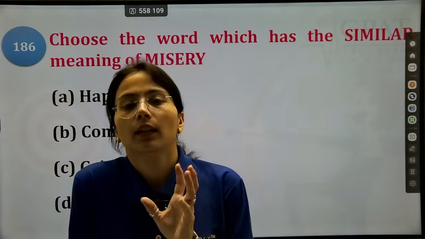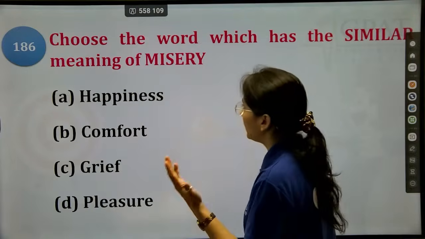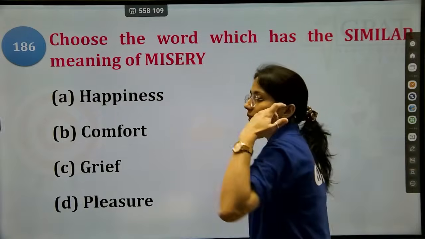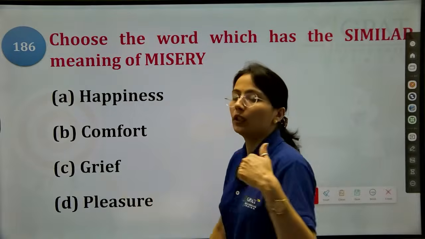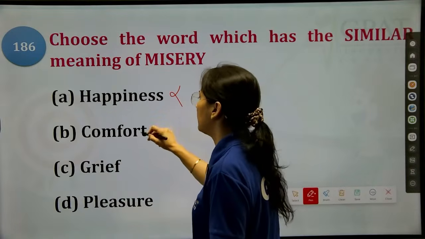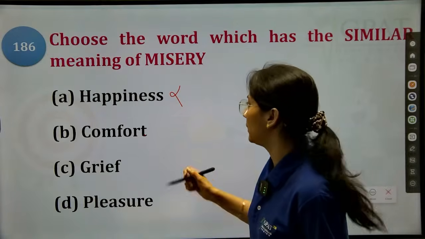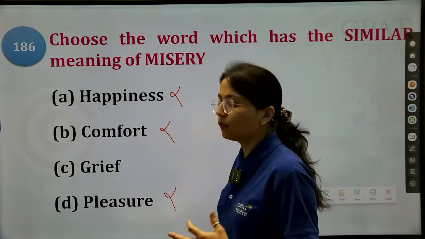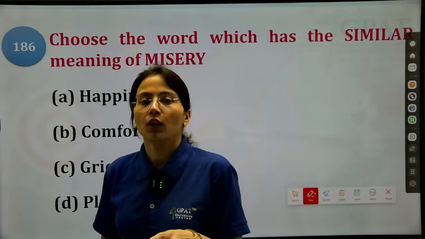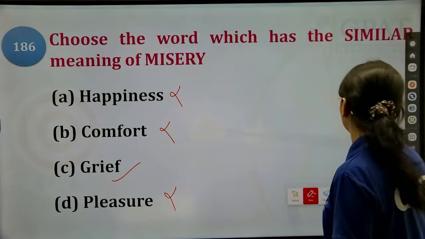The opposite of misery is happiness, so happiness is not the correct answer. Comfort is when someone is comfortable, so comfort is not. Pleasure is also when you feel happy. So the answer is grief. The meaning of grief is also unhappy, sad, feeling low. So the answer is option C.